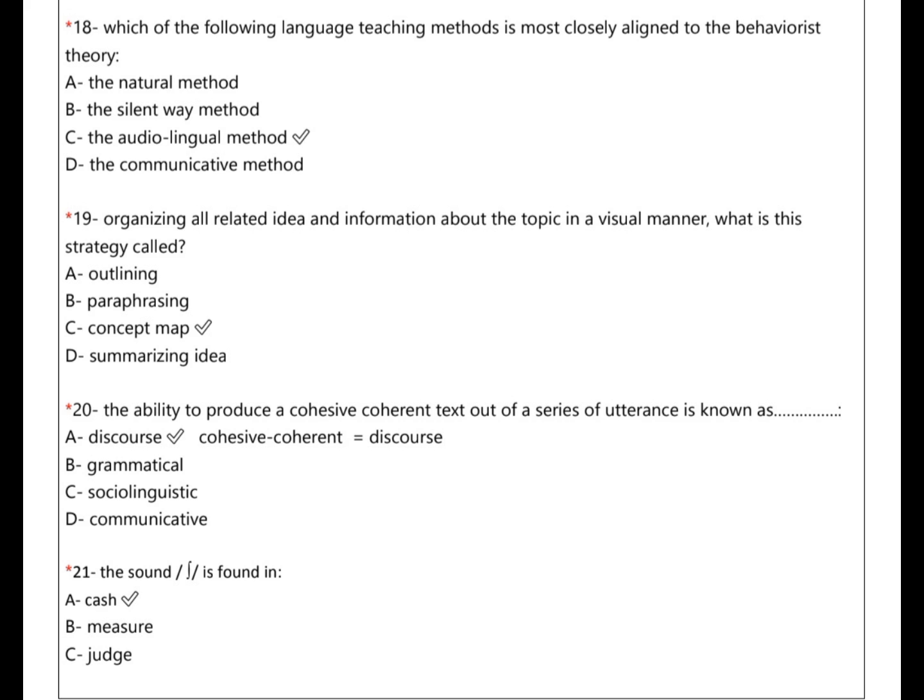20. The ability to produce a cohesive, coherent text out of a series of utterances is known as: A. Discourse. Cohesive, coherent equals discourse. B. Grammatical. C. Sociolinguistic. D. Communicative. 21. The sound /dʒ/ is found in: A. Cache.